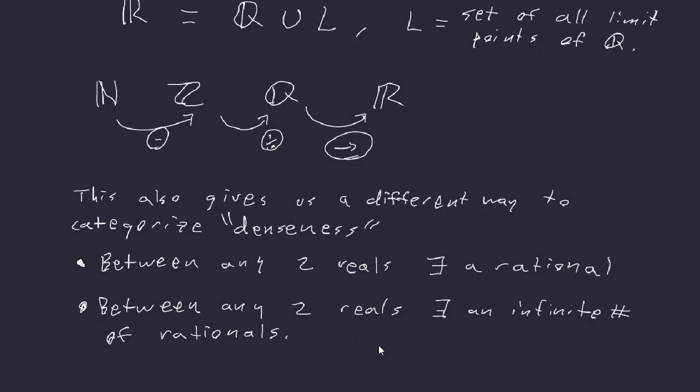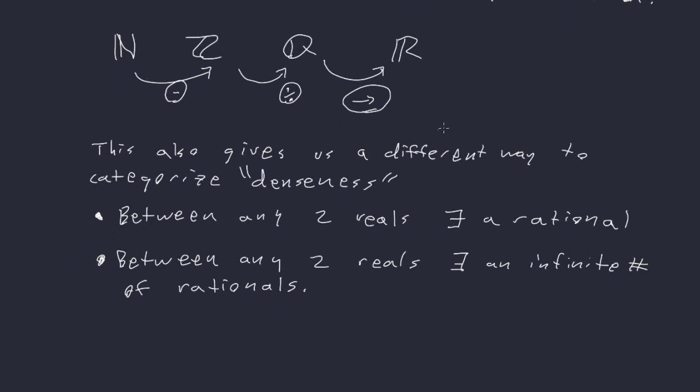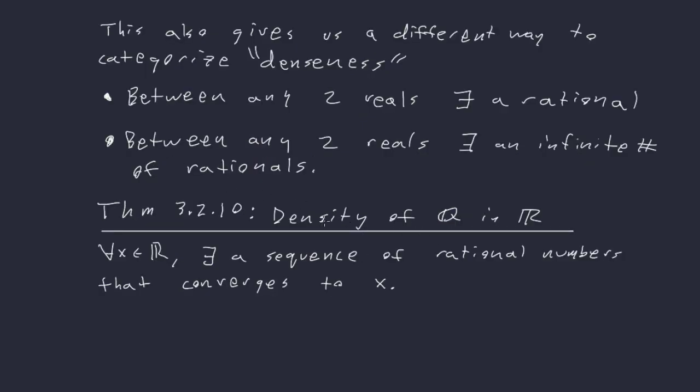Okay, and that idea and what we just talked about here gives us the next way we can think about the density of the rationals in the reals, and that leads us straight to Theorem 3.2.10. So the density of the rationals in the reals basically says for all x in the reals, there exists a sequence of rational numbers that converges to x.